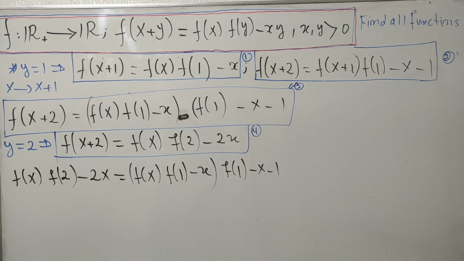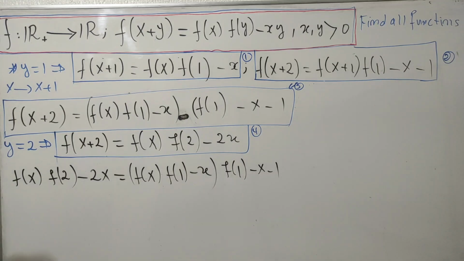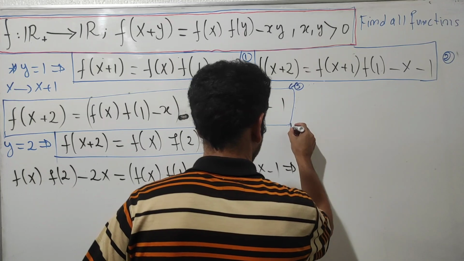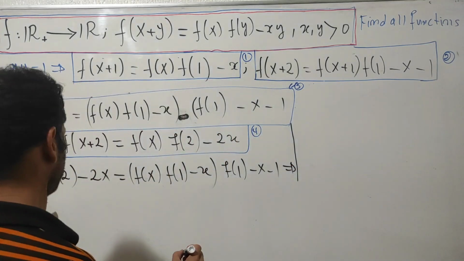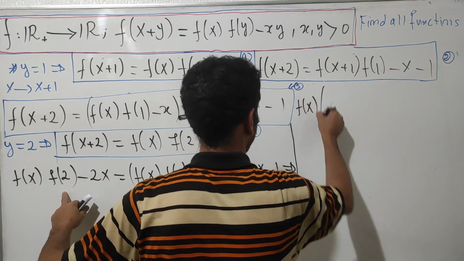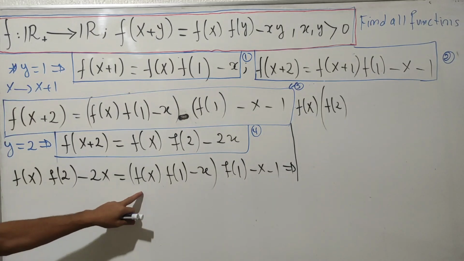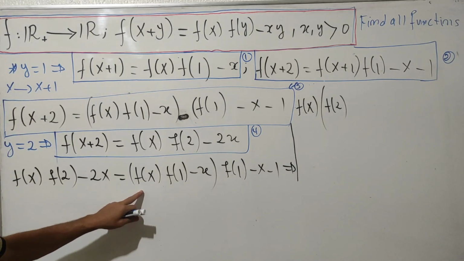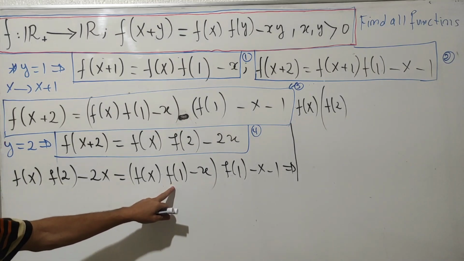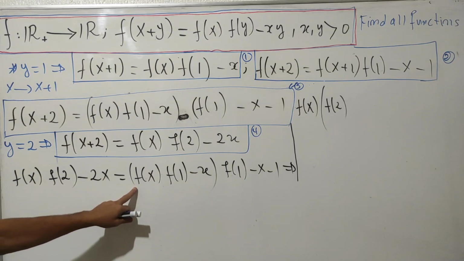So in this case, I'm going to pull out f of x, put it on one side, and so I get the following. I get here f of x multiplied by f of 2, then moving over this one, but this one is multiplied by f of 1, and this f of 1 is f of 1 squared. By taking it to the other side, you change the sign to minus.